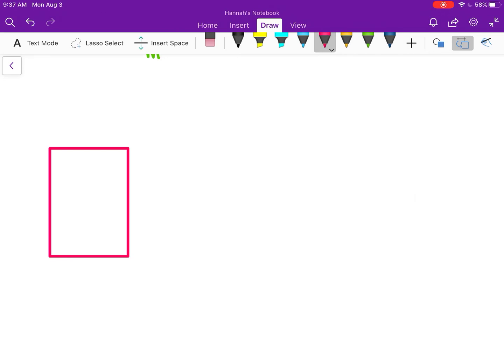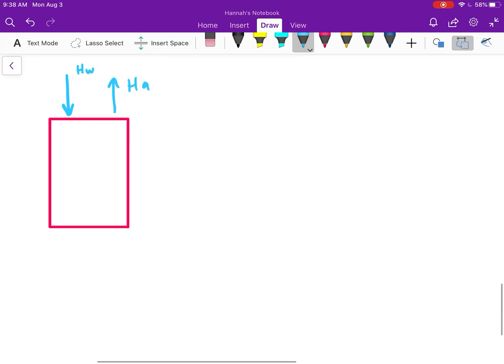So from the problem, we got our enthalpy of water going in, enthalpy of air going this way, and then same down here.